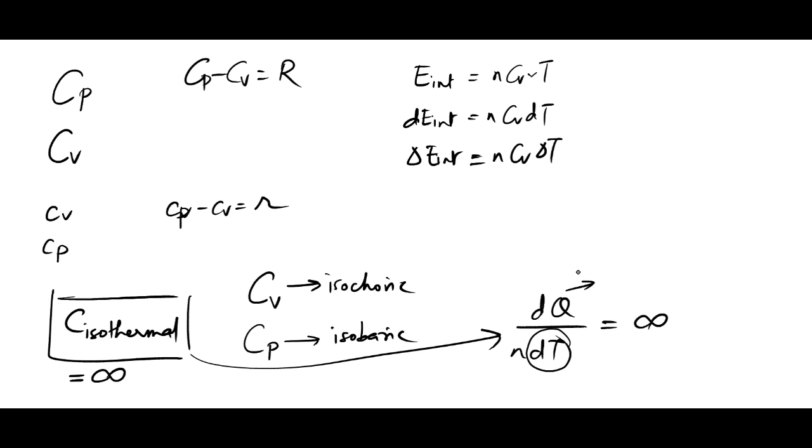Similarly, C adiabatic. In other words, you allow the gas to go through an adiabatic process in which no heat is exchanged with the surroundings and its temperature rises by dT.